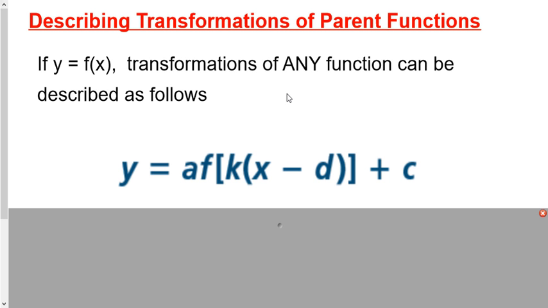It doesn't match a line or a quadratic or a square root function, or a reciprocal function, or any of them. This is a general way we can write transformations so that they would apply to any function we would apply them to. So this is the general way to write it, and then we could apply it to lines or quadratics or anything we want.